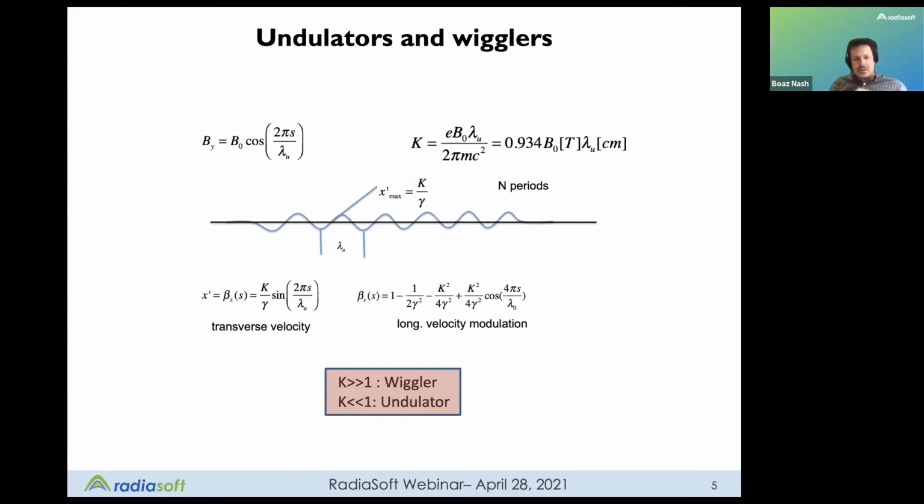For large K parameters, you're undergoing large trajectories, and if K is very small, then it's small deviations, and there's a basic angular size to the synchrotron radiation, and if that's smaller than the oscillations, then you're an undulator, and you get an additional coherent property to the radiation.